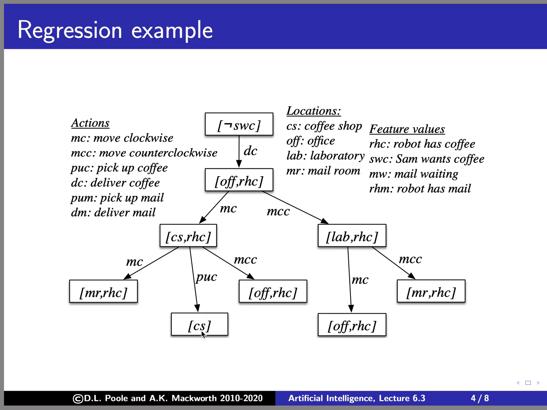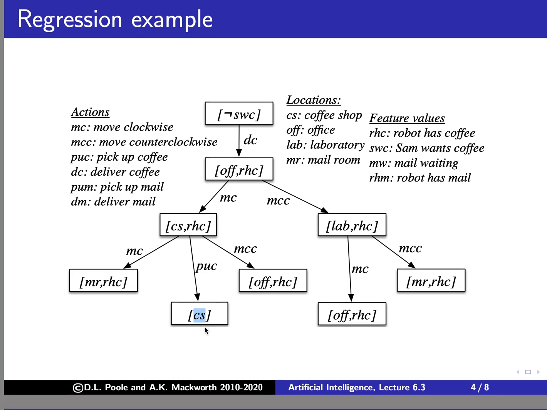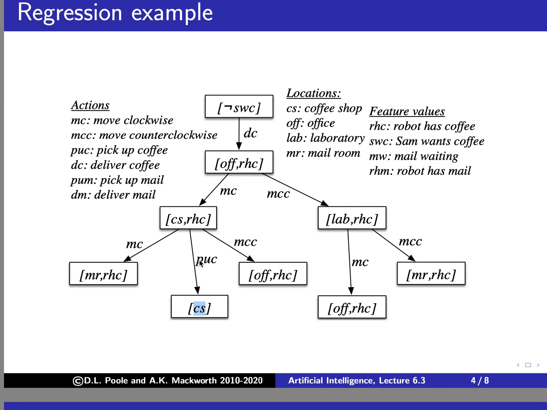If we think about this node here, all we need to do now is get to the coffee shop. Let's look at what this plan says. We need to get to the coffee shop, then pick up coffee, move clockwise, and deliver coffee, and then Sam wants coffee is no longer true. So that's how regression works.